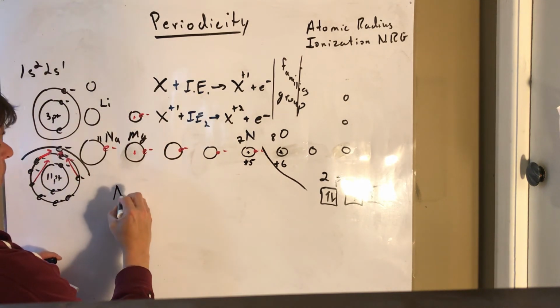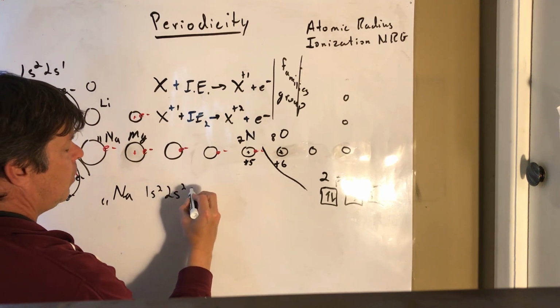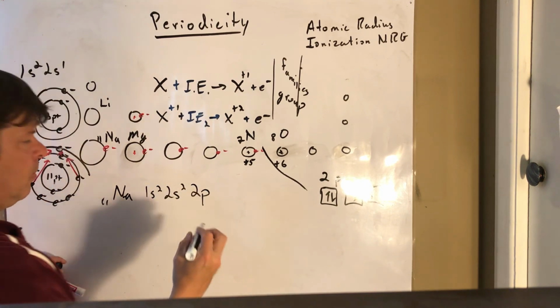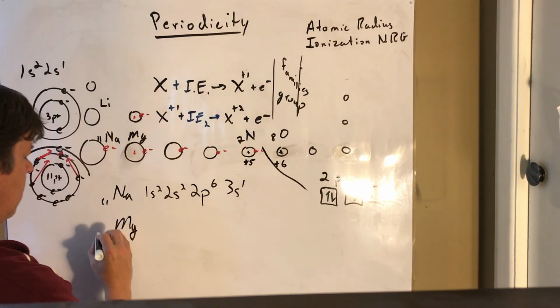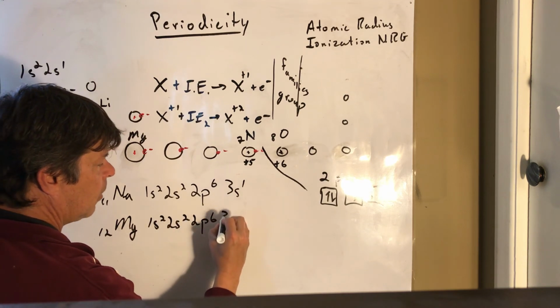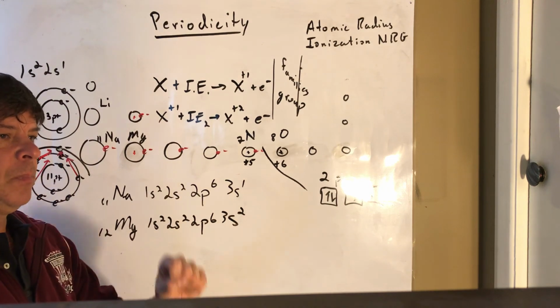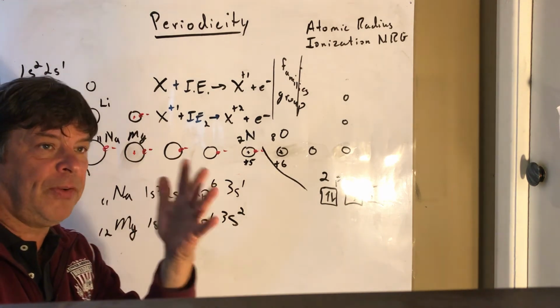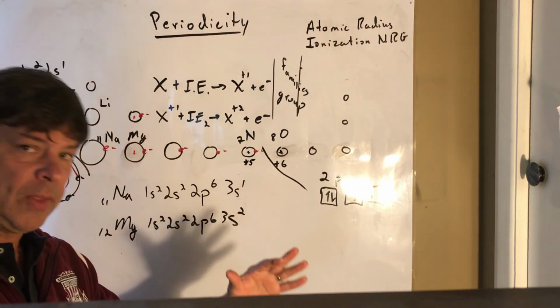So sodium: 1s2, 2s2, 2p6, 3s1. Magnesium: 1s2, 2s2, 2p6, 3s2. When looking at second, third, fourth, fifth ionization energies, I'd like to encourage you to write the electron configurations.